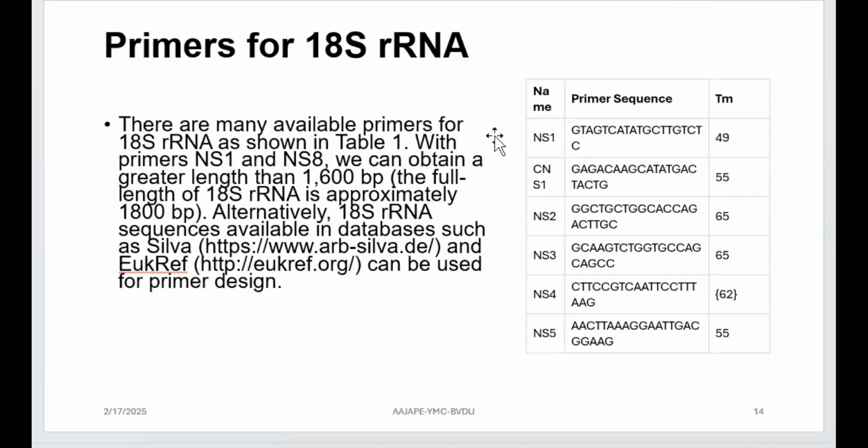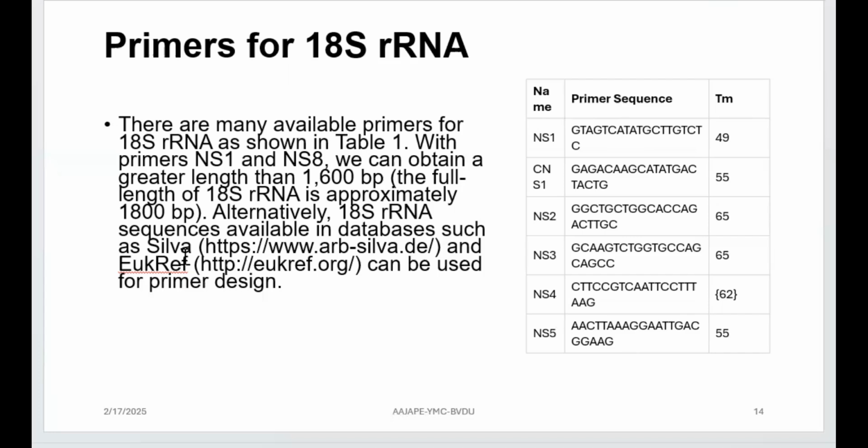The primers commonly used for amplification of the 18S rRNA amplicon are a few of these: NS1, CNS1, NS2, NS3, up to NS8. This is the Tm value, melting temperature, for that sequence, and these are the primer sequences which are commonly used. This is the name of the sequence used. Of course, alternatively, you can go for the different databases which are available.